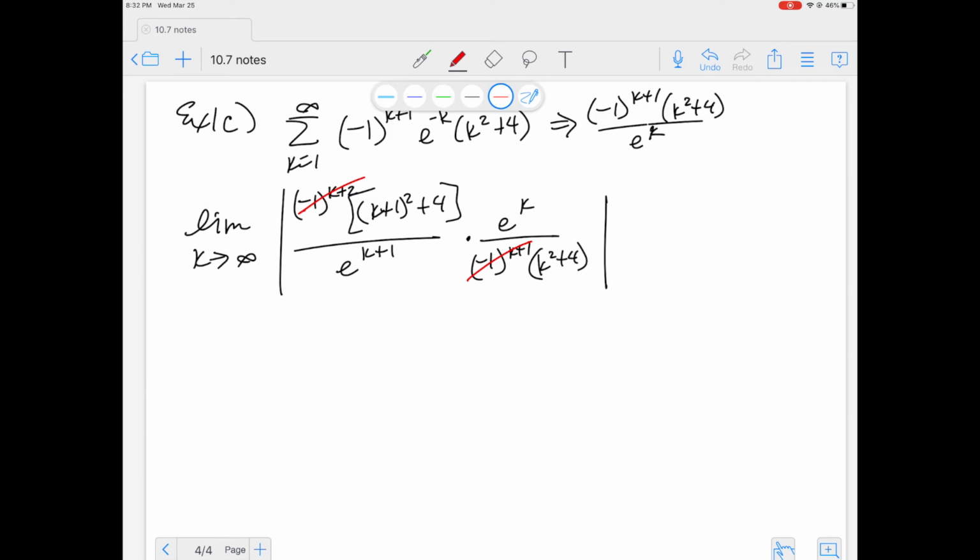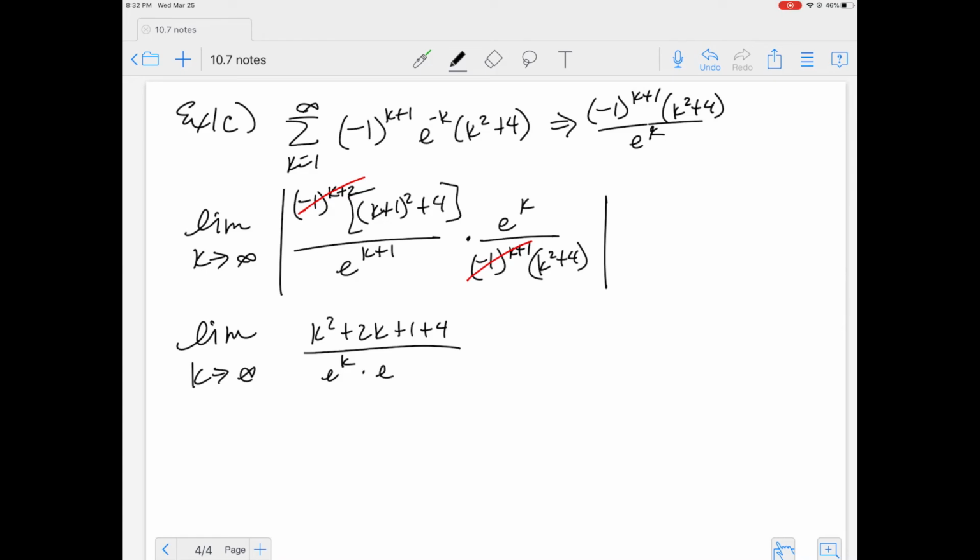Maybe if we were sitting in class, I'd shortcut this a little bit more, but I'm not going to while we're doing it like this. I have the k plus 1 squared here. I'm going to FOIL that out to get k squared plus 2k plus 1 plus 4, which would really be plus 5, over e to the k times e to the k over k squared plus 4.